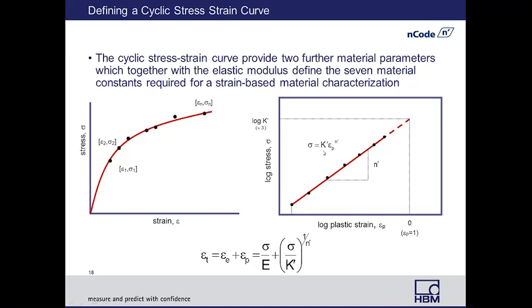In this equation, what we're going to be looking for are two coefficients, K and N. Those combined with coefficients from the plastic and the elastic curves on our strain life curve, plus the modulus, are going to be all of the material parameters we need to describe strain life. So there's a little bit more to strain life and also characterizing the material. There are also quite a few more coefficients. Stress life having just 2, strain life having 7.